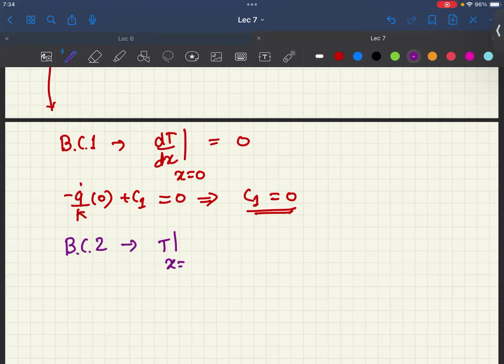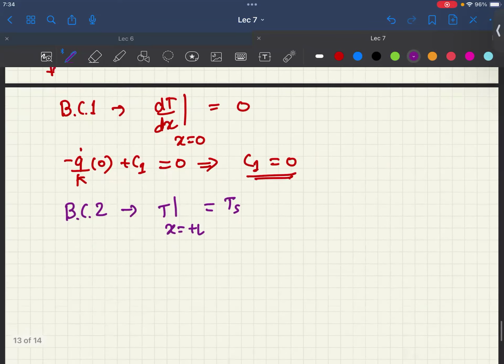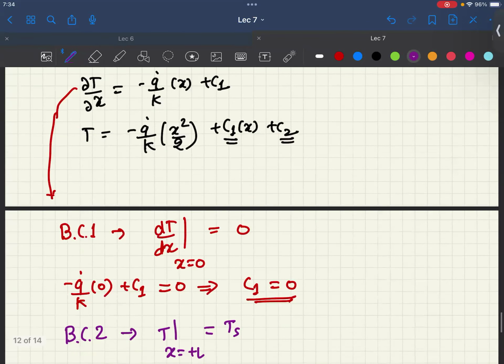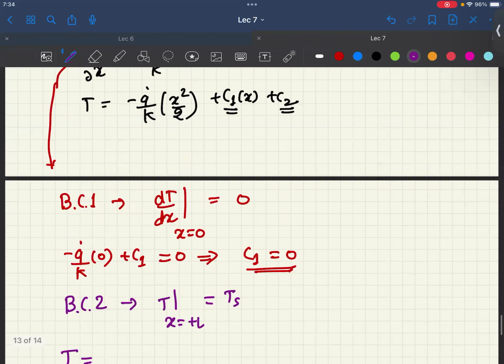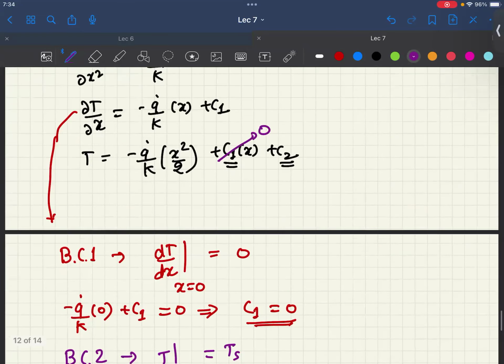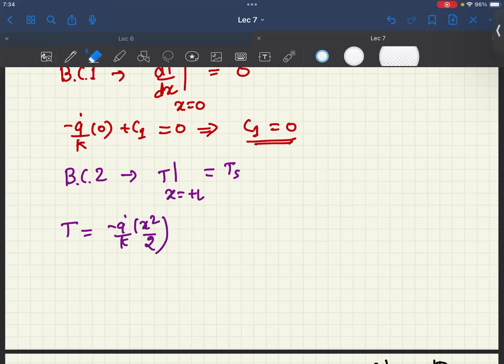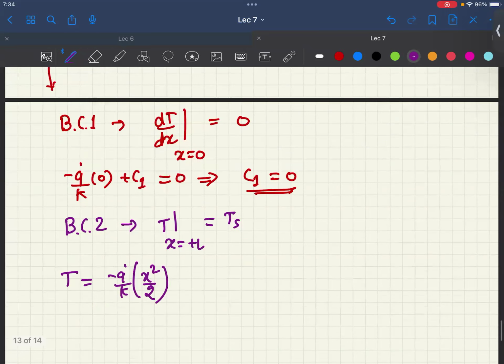temperature at x equals plus L is equal to Ts. So c1 equal to 0, that means temperature becomes, this term goes to 0, minus q dot by k x square by 2 plus C2.